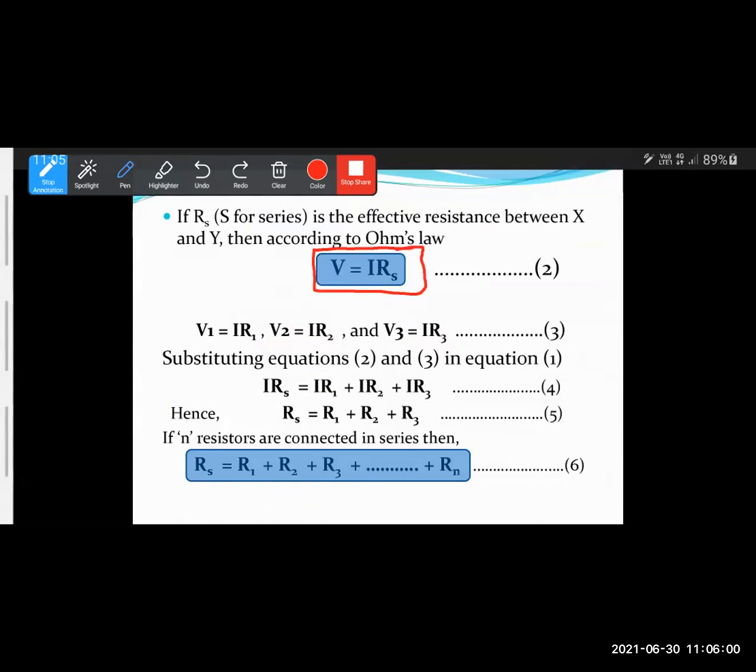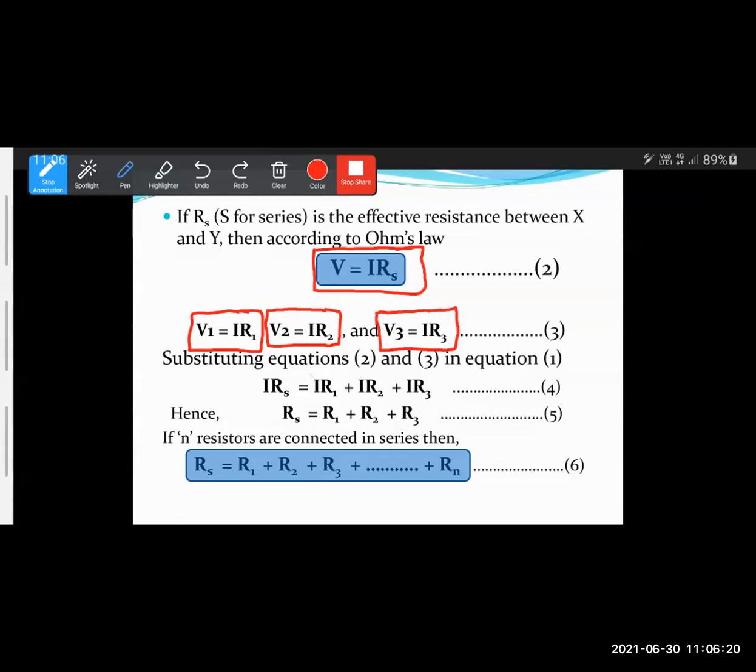Then voltage across resistor R1 will be given by V1 equals IR1. Voltage across resistor R2 will be given by V2 equals IR2. And voltage across resistor R3 will be given as V3 equals IR3, right?